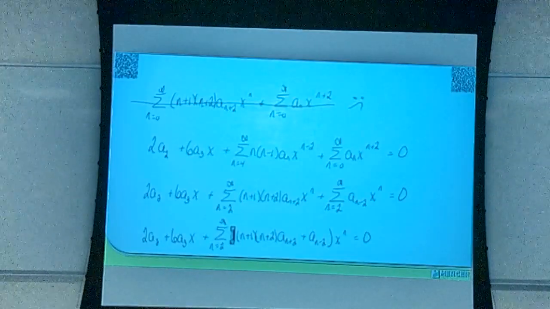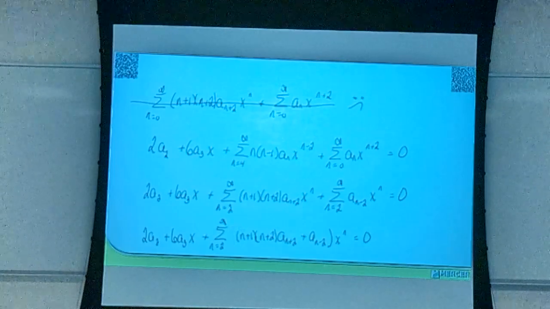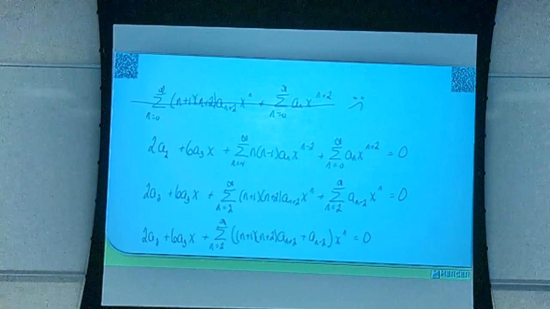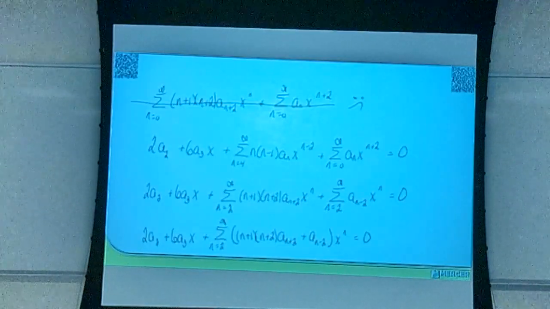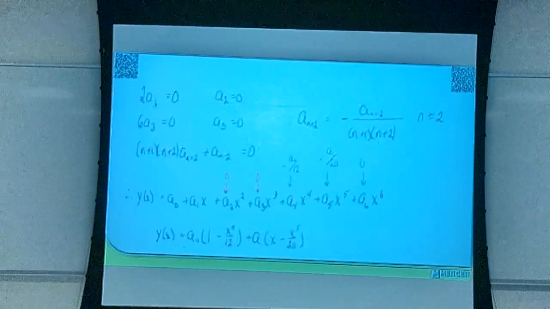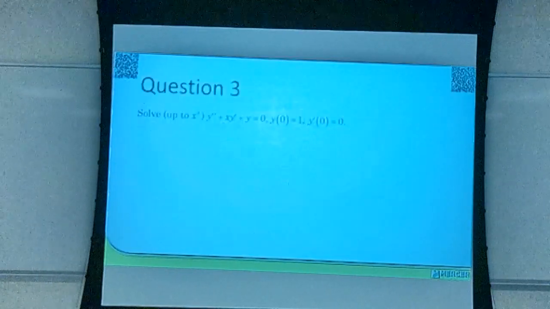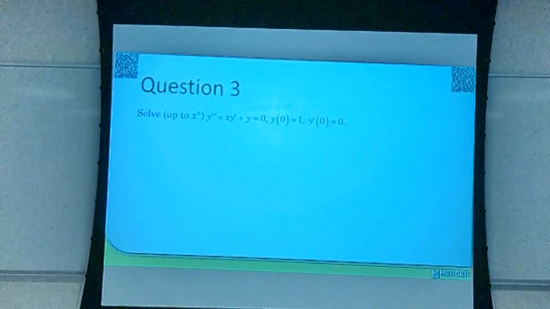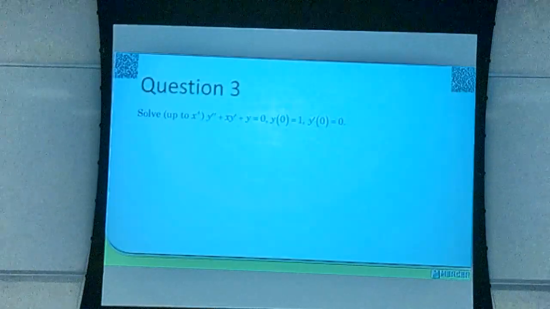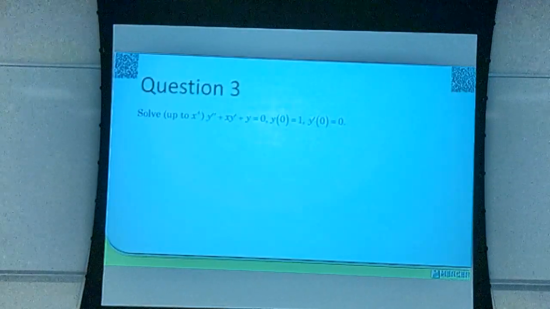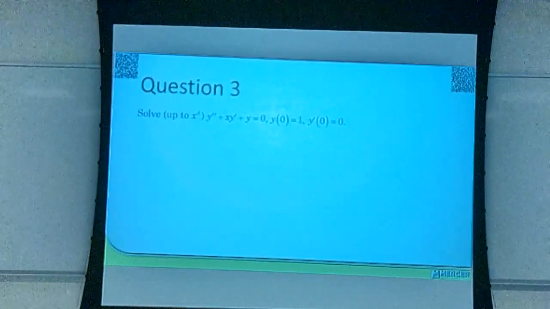No idea what happened there. They only went up to x to the 4th, and now we have initial conditions.